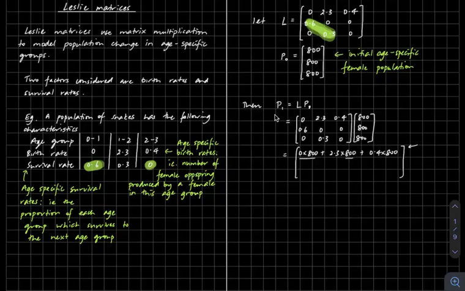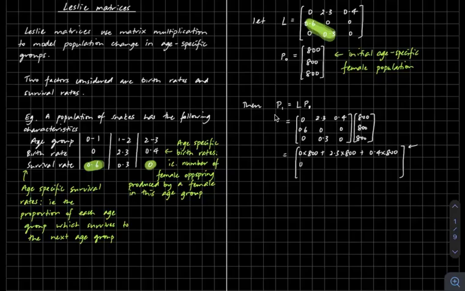But for each of these 800 female snakes that were 1 to 2 years old, they each produce on average 2.3 female snakes during that time. And for each of the 800 snakes that were in the 2 to 3 age group, they on average each produce 0.4 female snakes during that time. So that's where all the snakes in that 0 to 1 age group are going to come from.